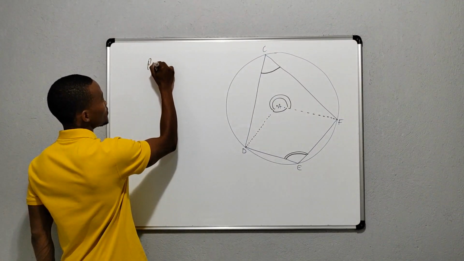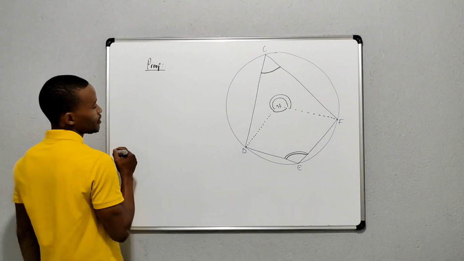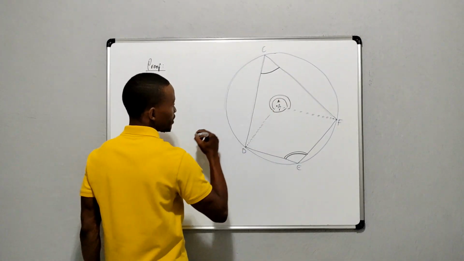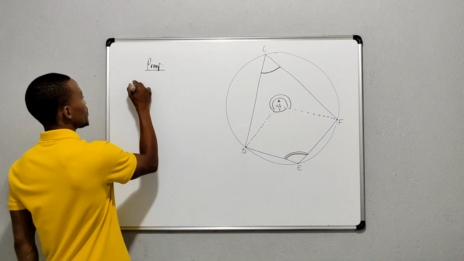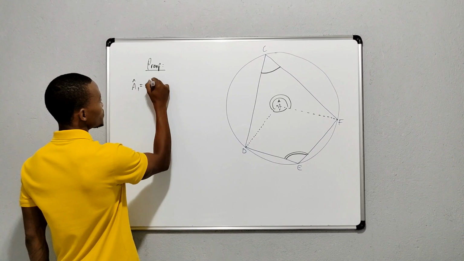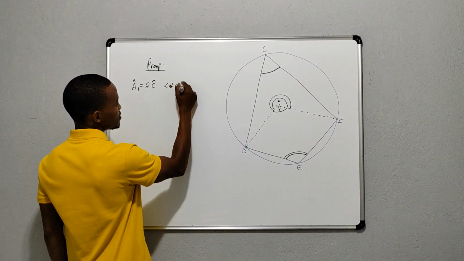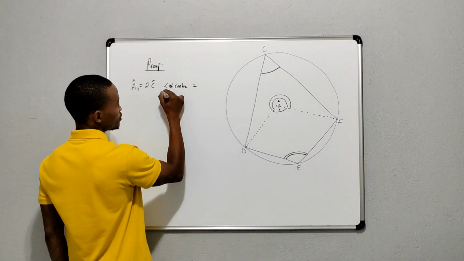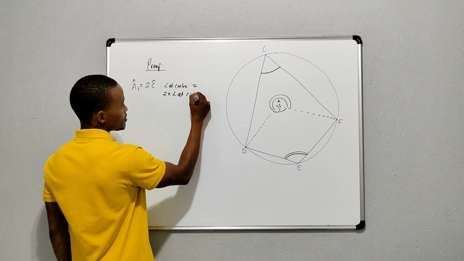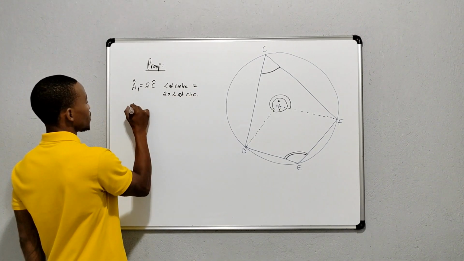So here's the proof. I'm going to call this A1 and A2. Angle A1 is equal to 2 times angle C, this is angle at center equal to 2 times angle at circumference. What do we know about A2?